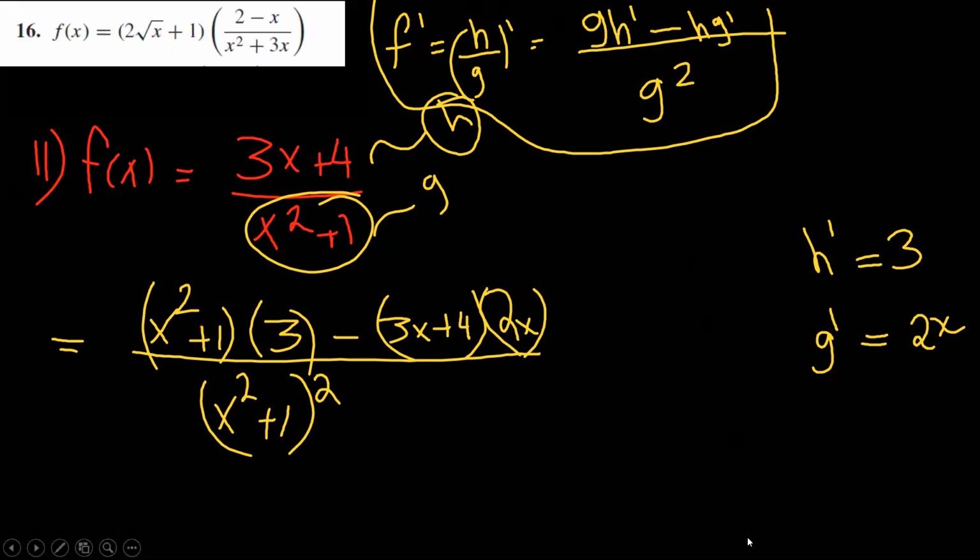Now let's see number 16. By now, it's just like a revision of the quotient and the product rule. Now look at number 16 here. We have two functions that are multiplied. The first one is 2 square root of x plus 1. And the second one is 2 minus x over x squared plus 3x.